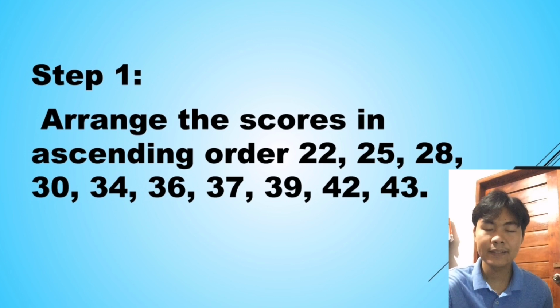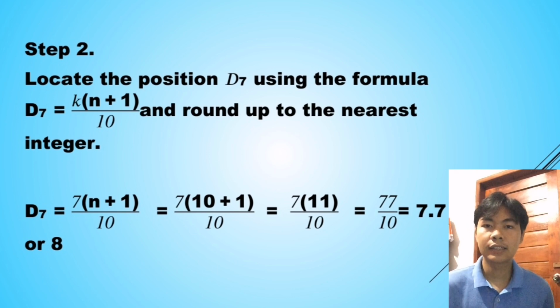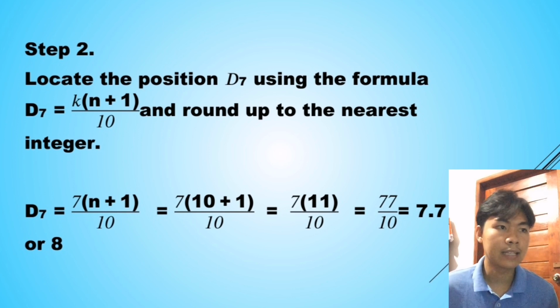Okay, for our second step naman, we need to locate the position of decile 7 using our formula. Since we are finding decile number 7, i-replace natin yung K natin into 7, and meron tayong 10 na total number ng values sa data natin. So 10 ang magiging n natin.